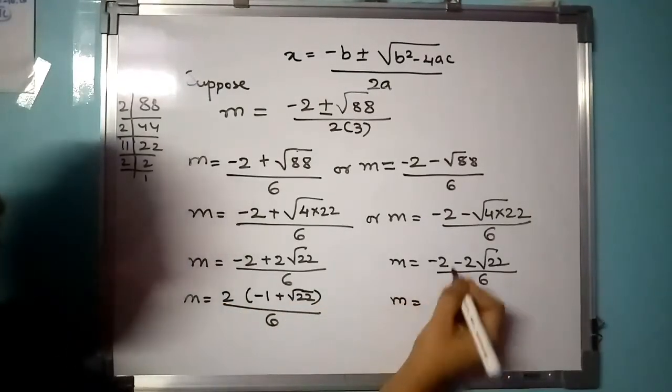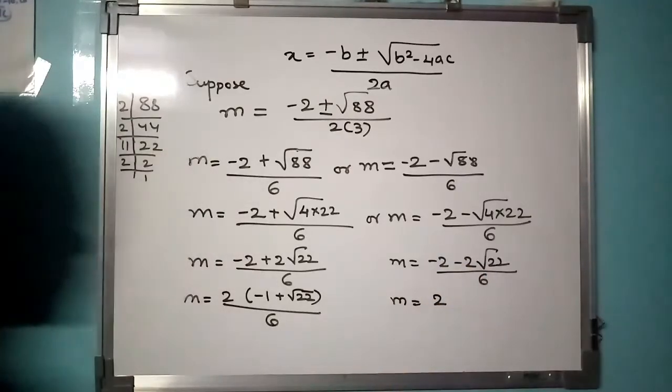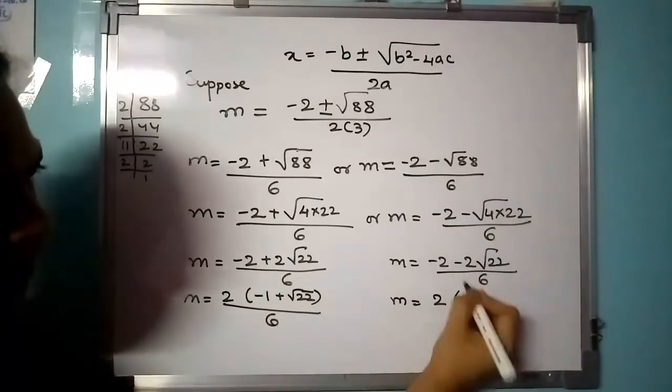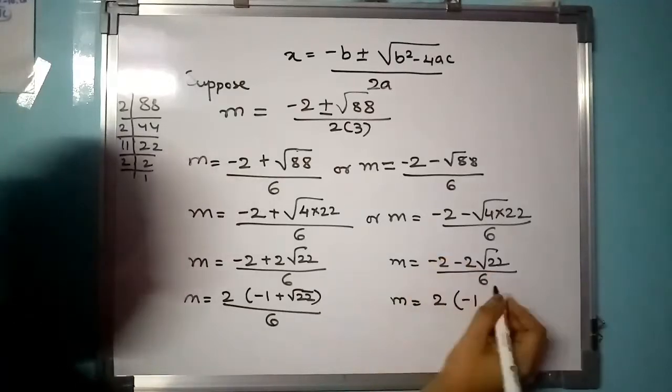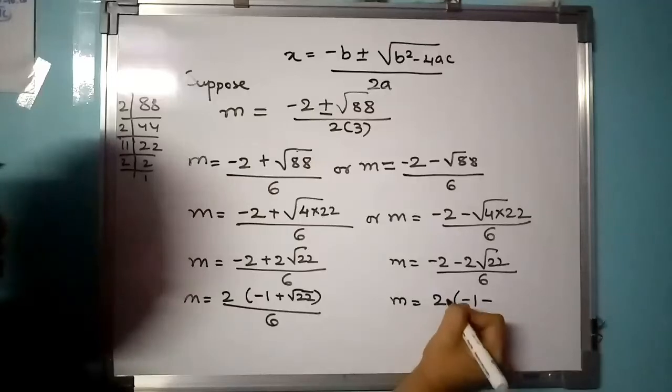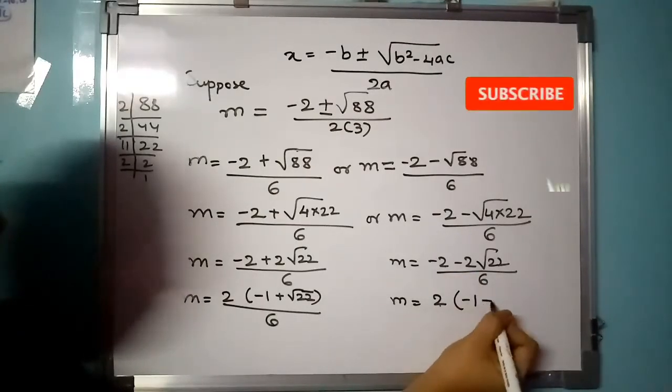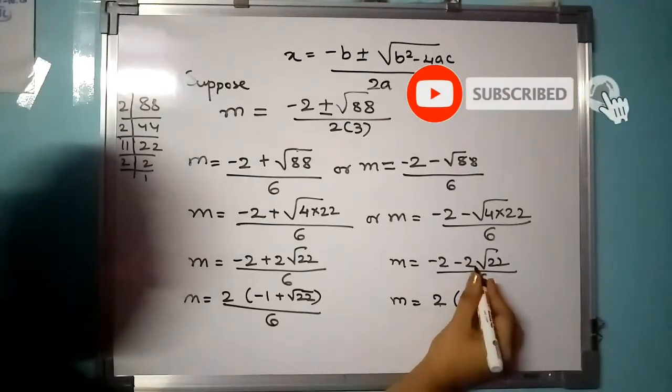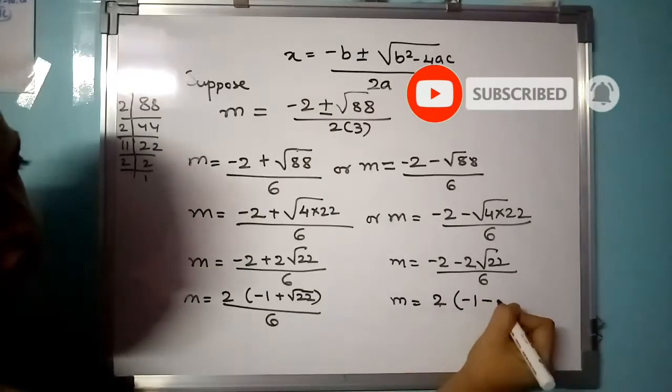Similarly, m is equal to 2 common, minus 1 is taken out in the bracket. Minus 2 taken out, so only under root 22 is remaining.